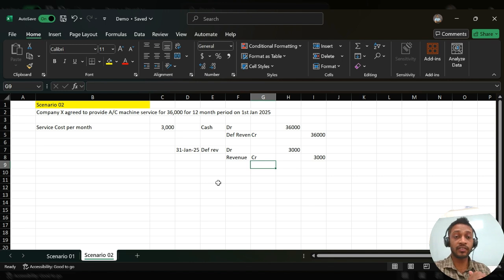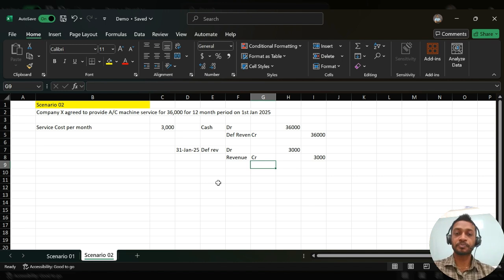Once your period elapses, you can credit those 30,000 to the revenue accounts, and by 31st December the deferred revenue account will get to 0. That's how the standard guides us to identify billing and subscriptions. And if you are providing goods and services together, you will have to identify it that way.